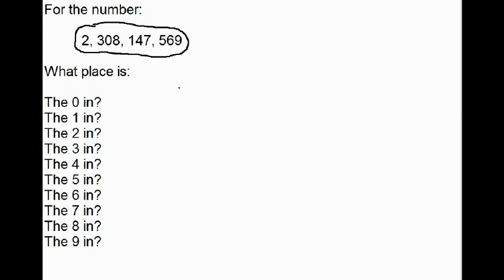Essentially, can you identify the name of the place that each one of these digits is in? So the 0 is here. What's the name of the place that that 0 is in? If you're able to answer that for all of these digits, congratulations, you now have a firm understanding of place value.